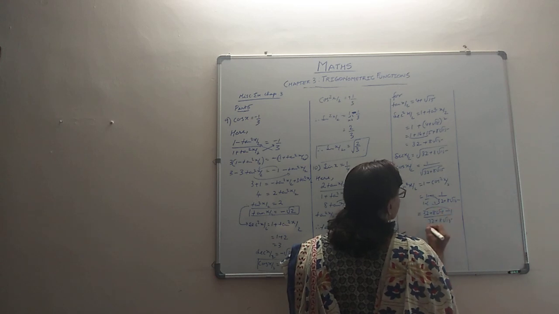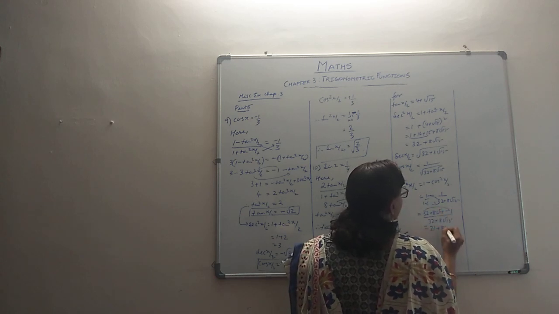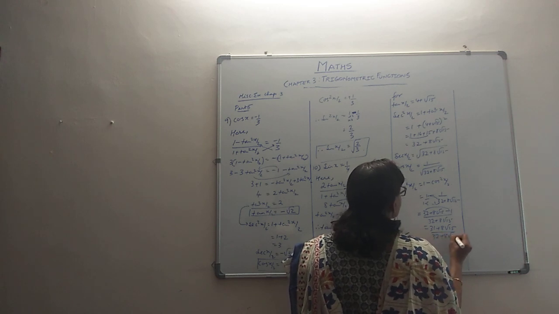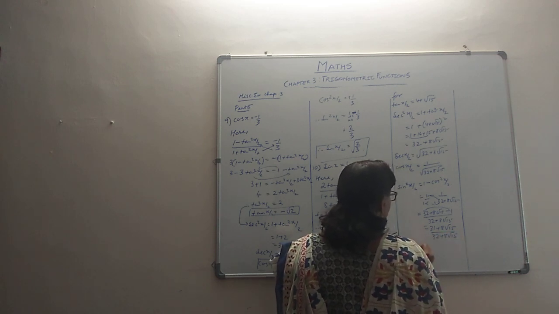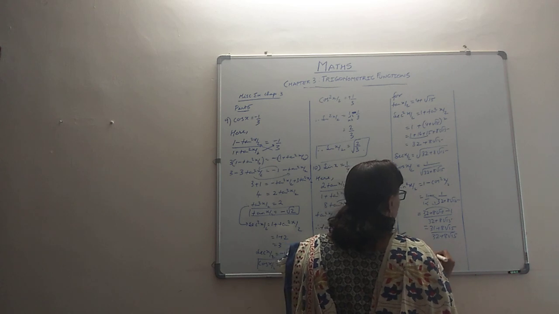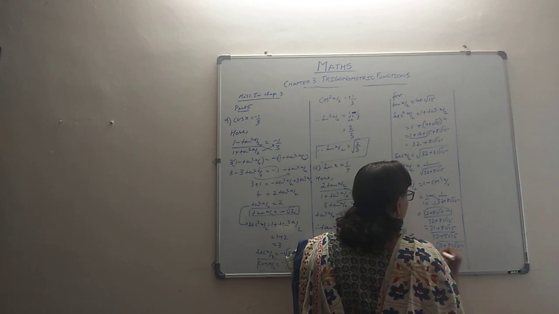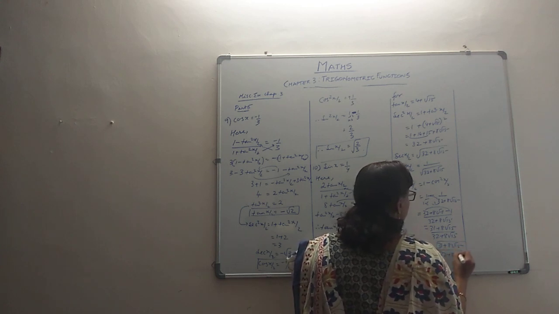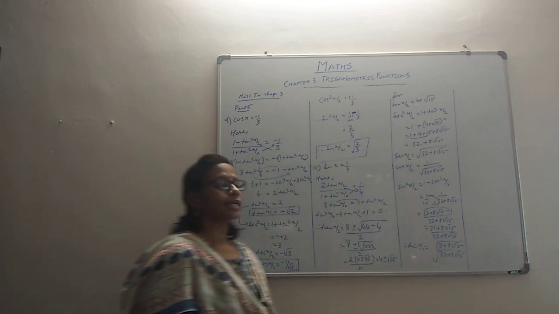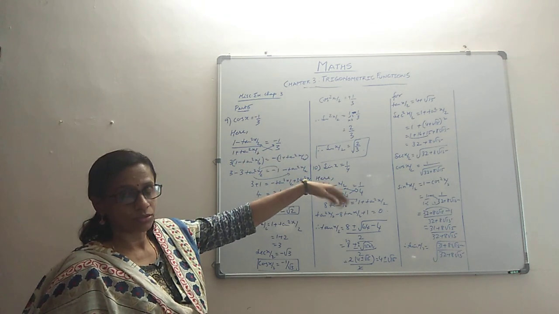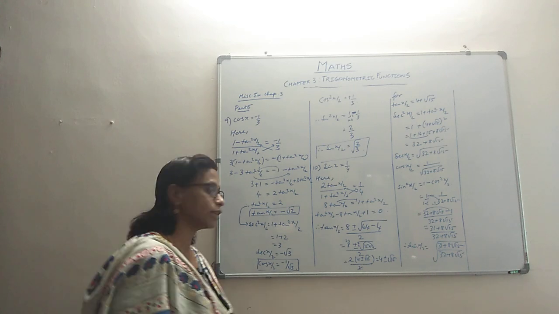So you have 31 plus 8 root 15 by 32 plus 8 root 15. So you have sin(x/2) becoming positive, of course, the root of 31 plus 8 root 15 by 32 plus 8 root 15. That is our sin(x/2) and cos(x/2) value for this value of tan(x/2).